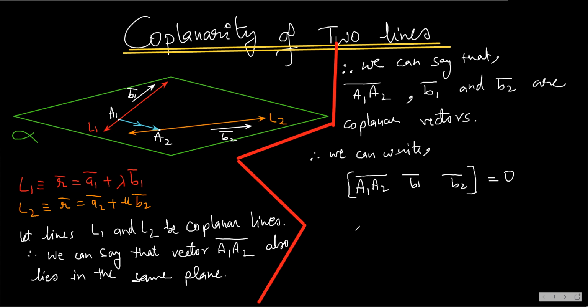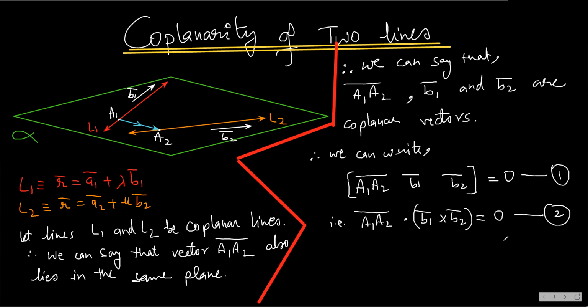That is, A1 A2 bar dot B1 bar cross B2 bar is equal to 0. This is 1, this is 2, they are one and the same thing.